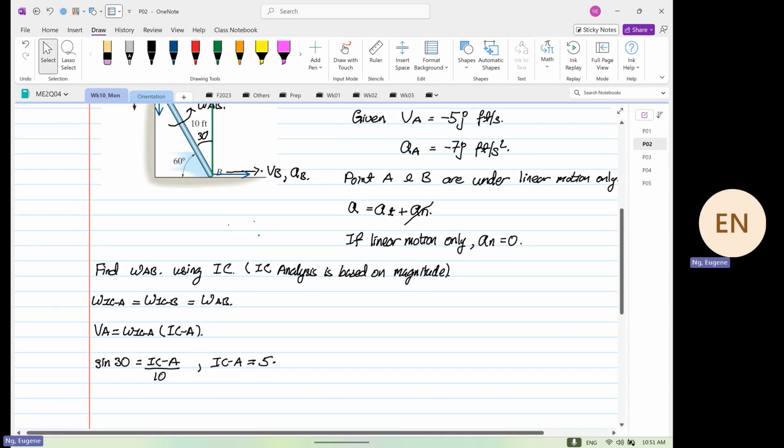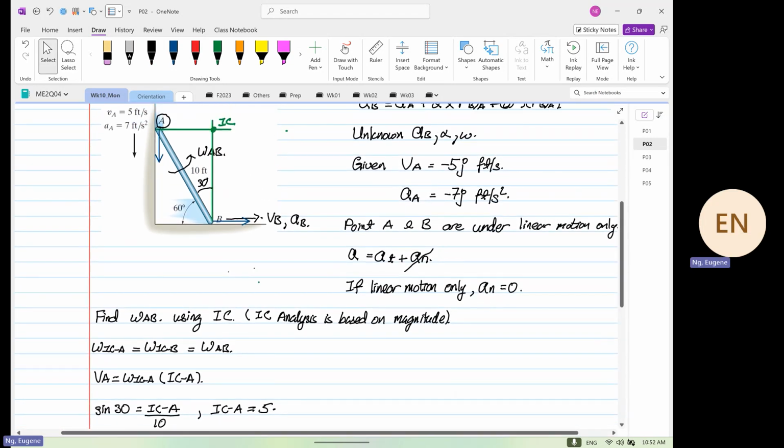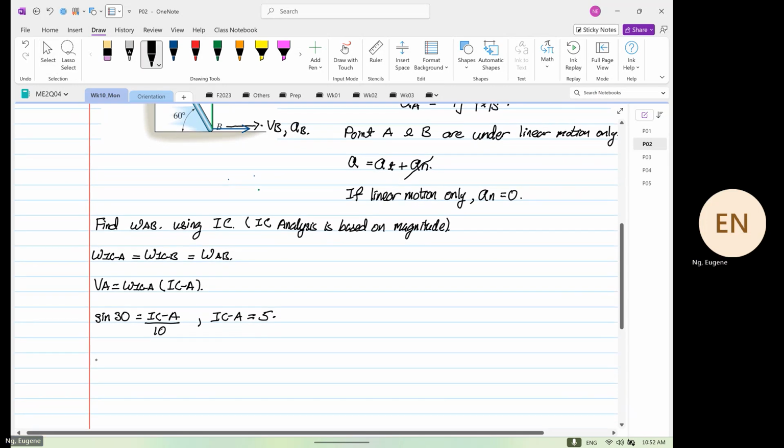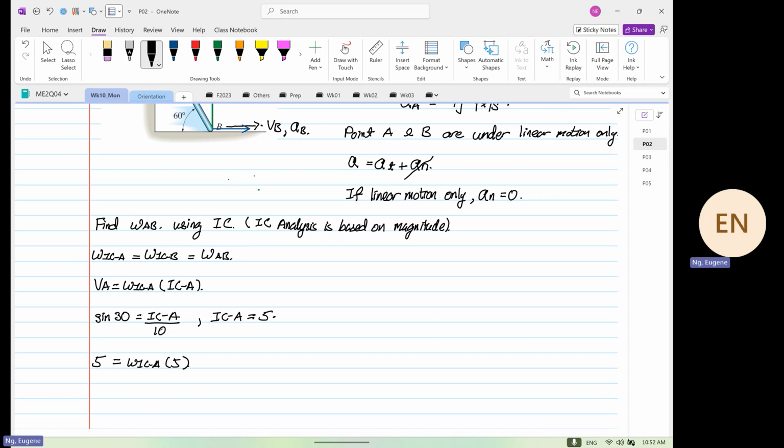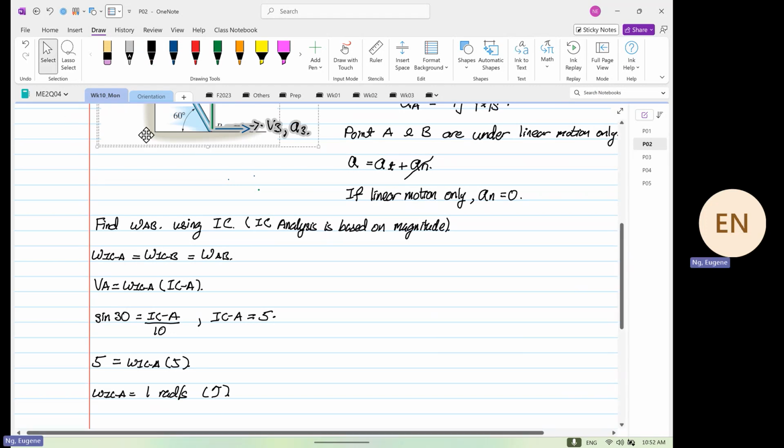So VA, we are aware that VA is equal to 5. This is equal to omega ICA multiplied by 5. So from here, we know that omega ICA is equal to 1 radian per second and is rotating in the anti-clockwise direction. Okay. So we have that information.